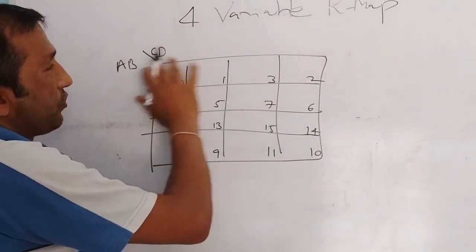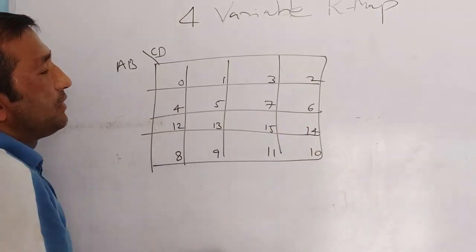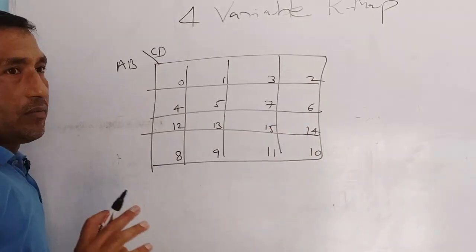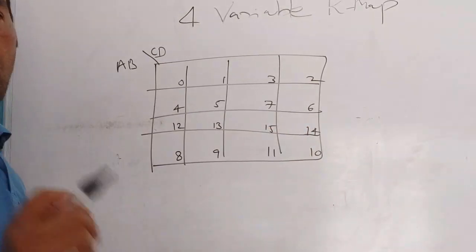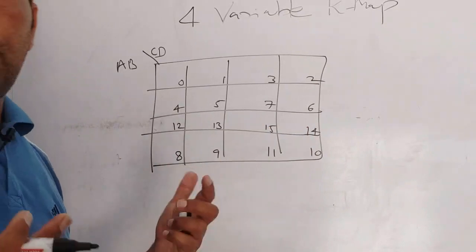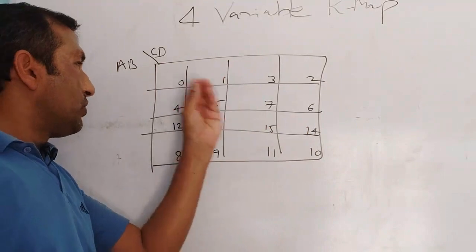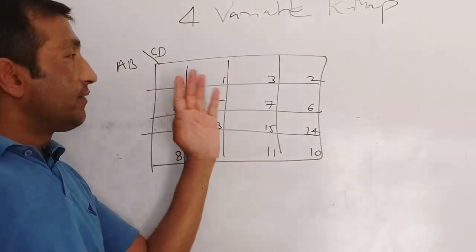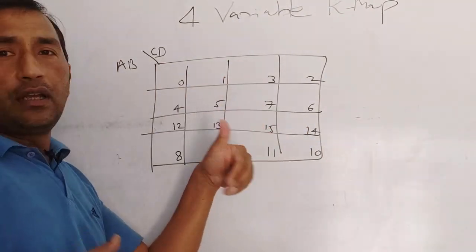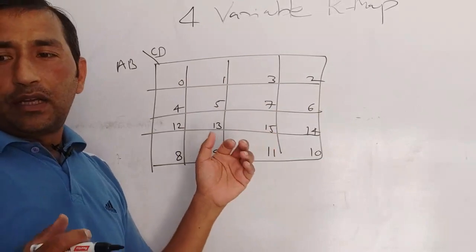Just by drawing this diagram and filling in these numbers, you will get your 4 variable K-map drawn. Later on we will fill it using SOP and POS. But the first and most important thing is to do the gray coding. If the gray coding is not done properly, your answer will not be correct.